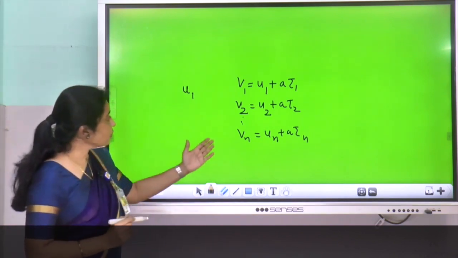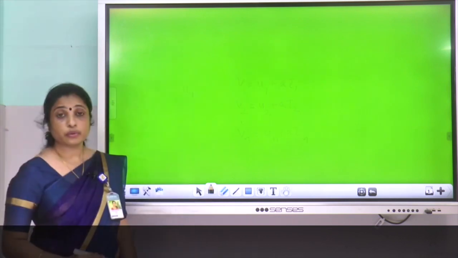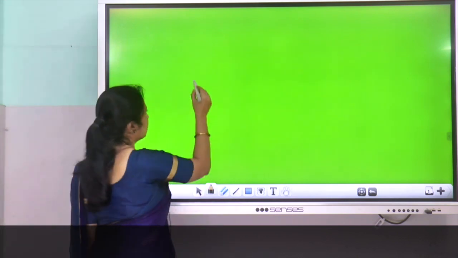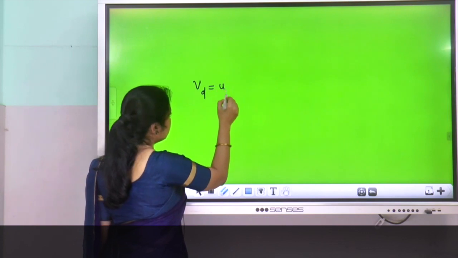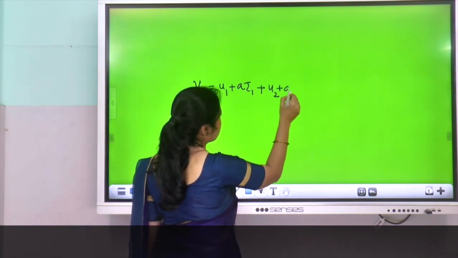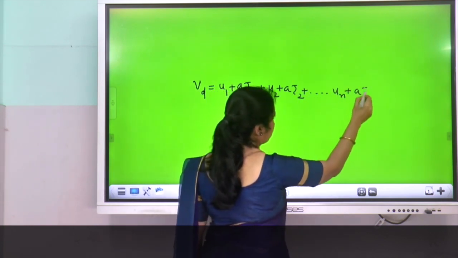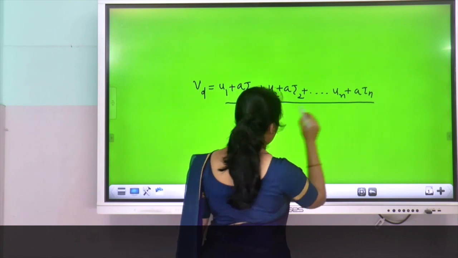Now, the average of all these velocities gives us the drift velocity. So, drift velocity Vd is equal to U1 plus a tau 1 plus U2 plus a tau 2 plus, etc., Un plus a tau n, divided by n.